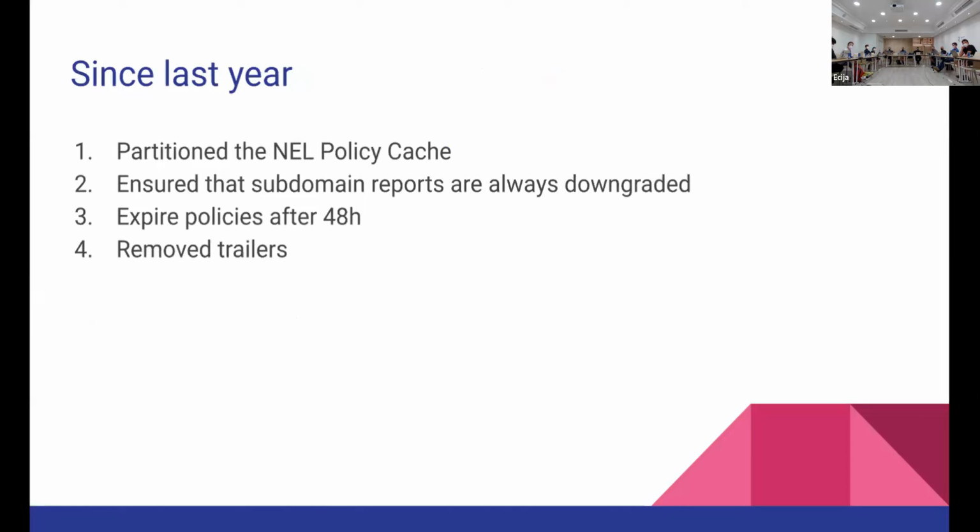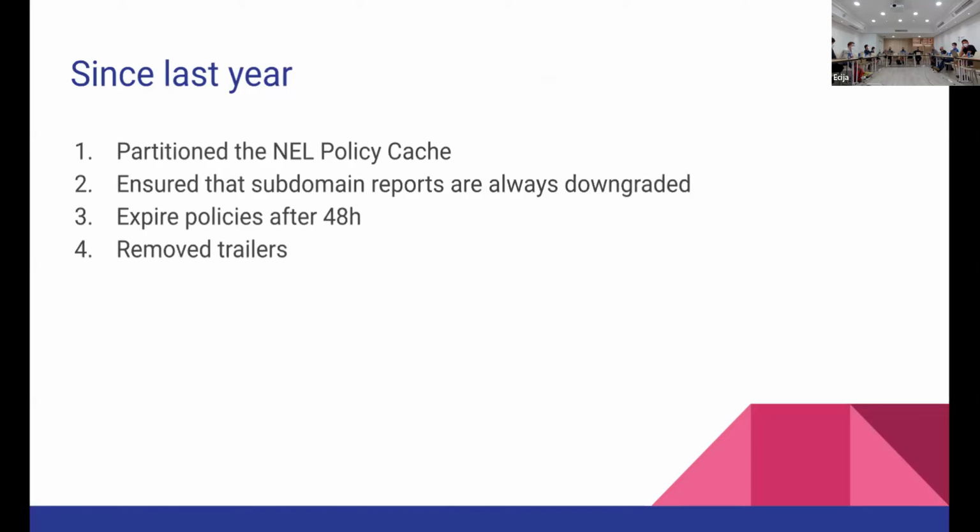So we've done a bunch of work on it since last year to try to clean up the spec. Working on a bunch of privacy issues. We have partitioned the policy cache to ensure that we don't leak information between origins about reporting policies.